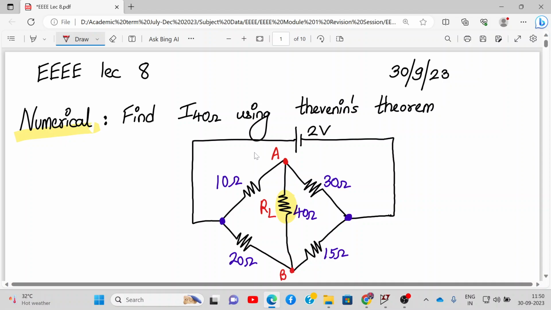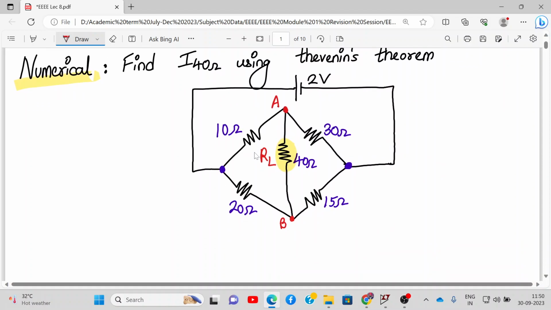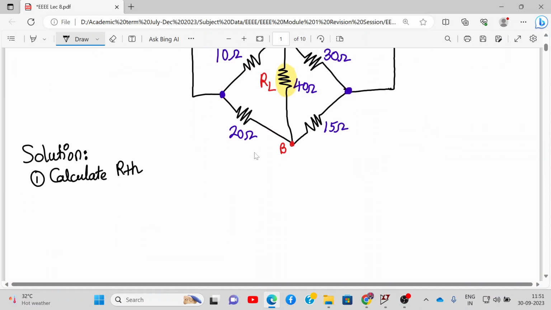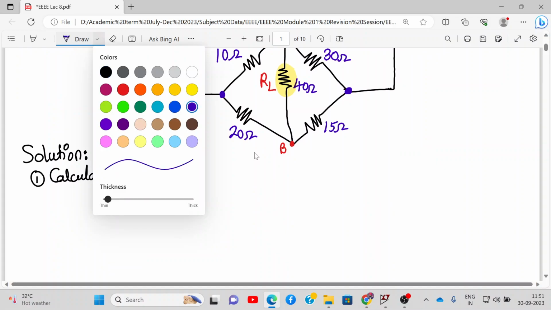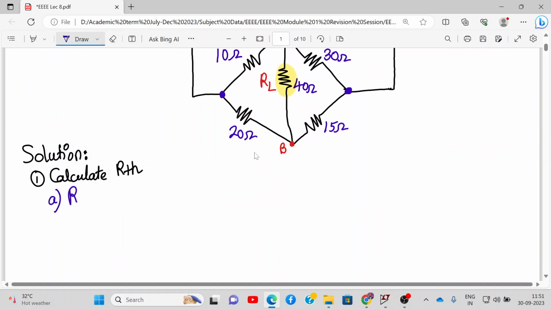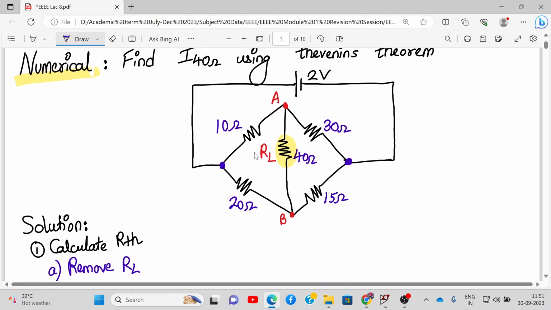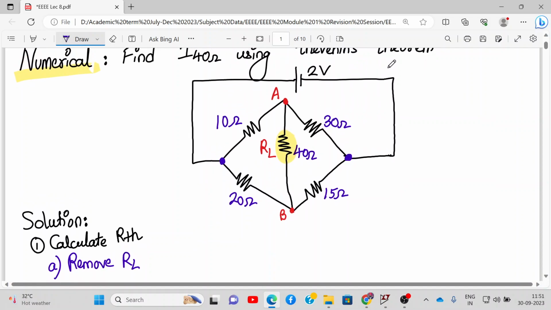Now let us solve this further. For the first part, we will calculate RTH, that is Thevenin's resistance. So we'll write the solution. What is the procedure to calculate RTH? Let us write it down point wise. First we need to remove RL and then replace the voltage source with its internal resistance.